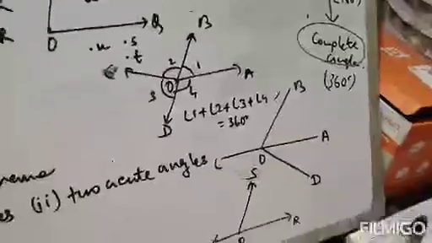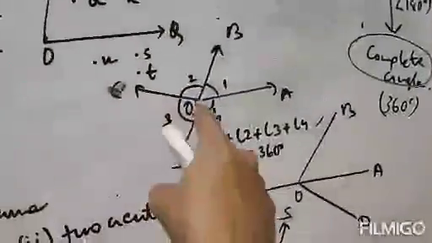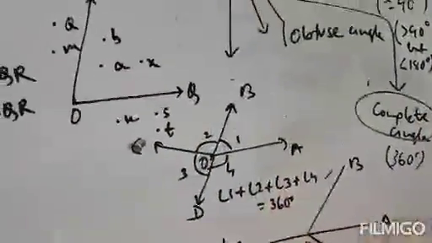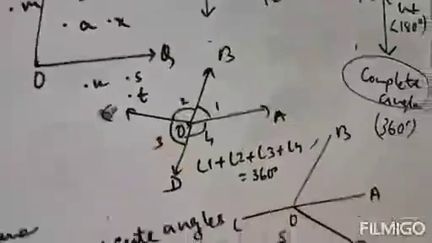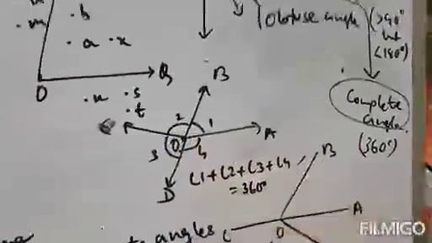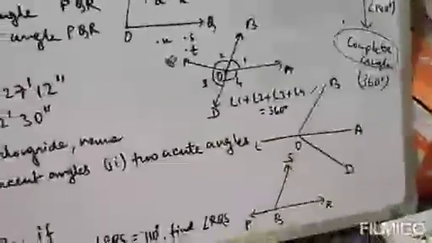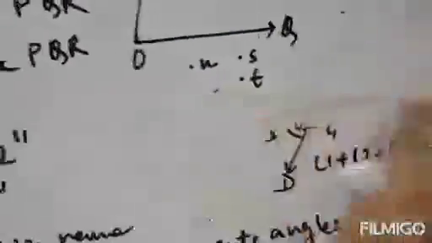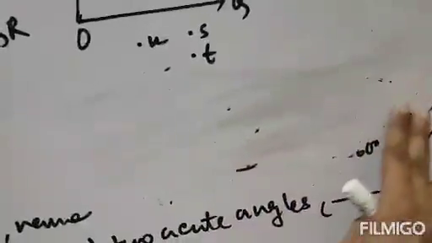That means the sum of angles around a fixed point O will be equal to 360 degrees. Clear? So these are the types of angles and their value range.